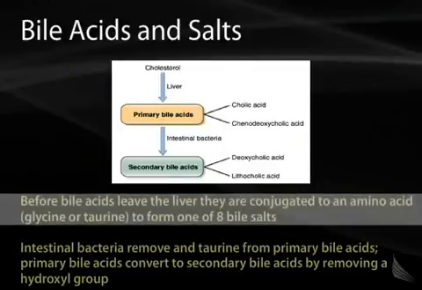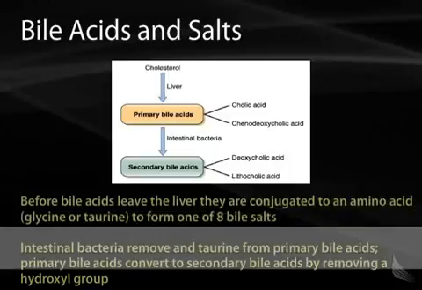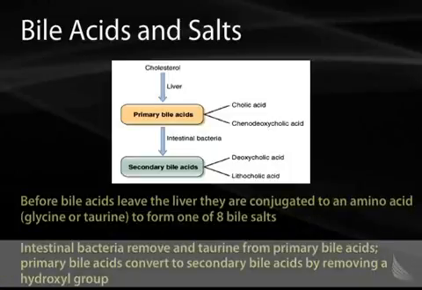Before bile acids leave the liver, they are conjugated. So primary bile acids are cholic acid and chenodeoxycholic acid. These are conjugated to an amino acid, glycine or taurine, to form one of 8 bile salts. Intestinal bacteria remove these from primary bile salts, and primary bile acids are then converted to secondary bile acids by removing a hydroxyl group.